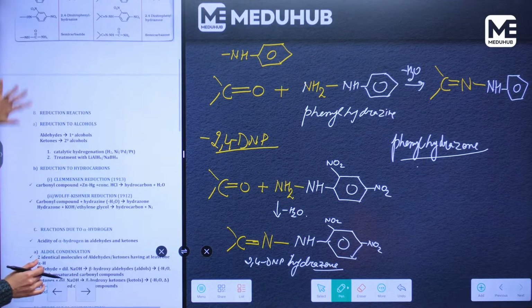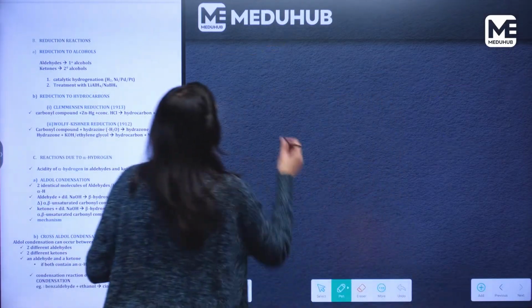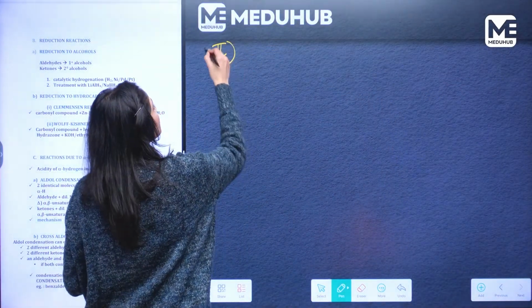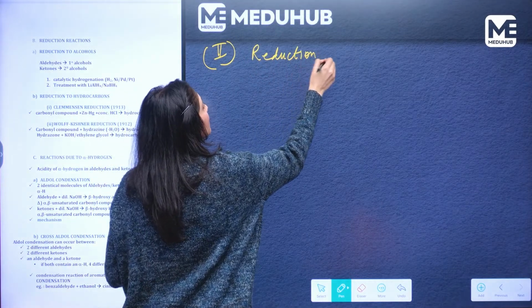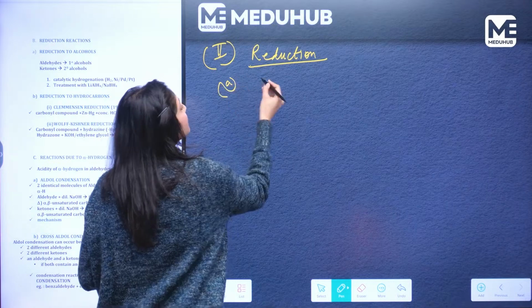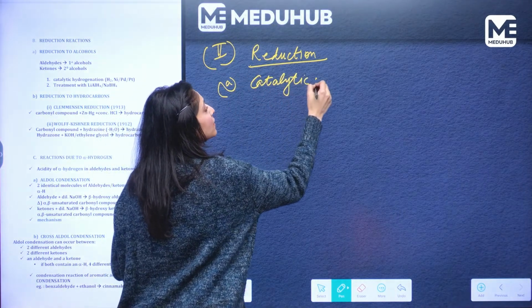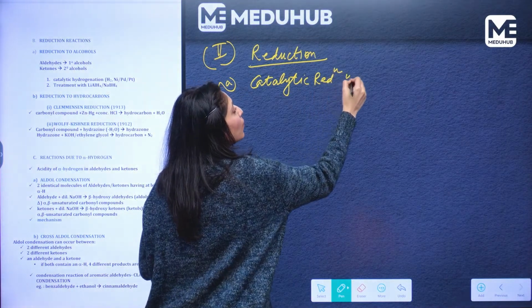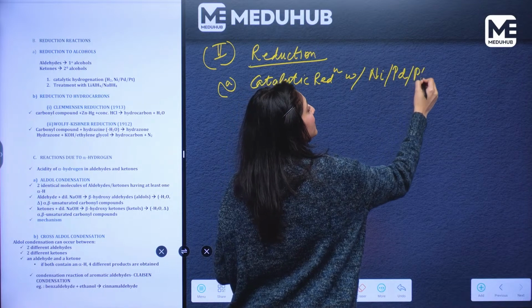The next reaction is reduction reaction. Reduction reactions are also given by both aldehydes and ketones. The first one is reduction, that is catalytic reduction with nickel, palladium or platinum catalyst.